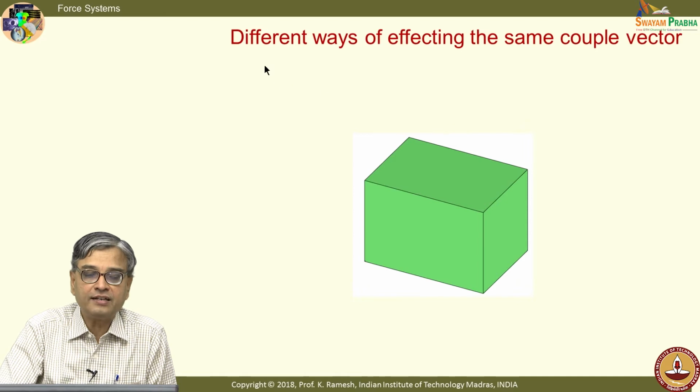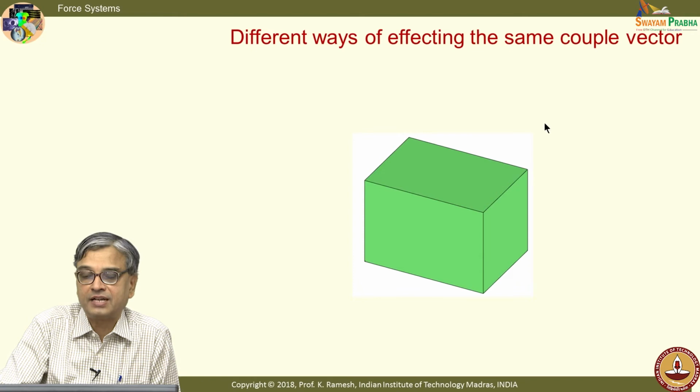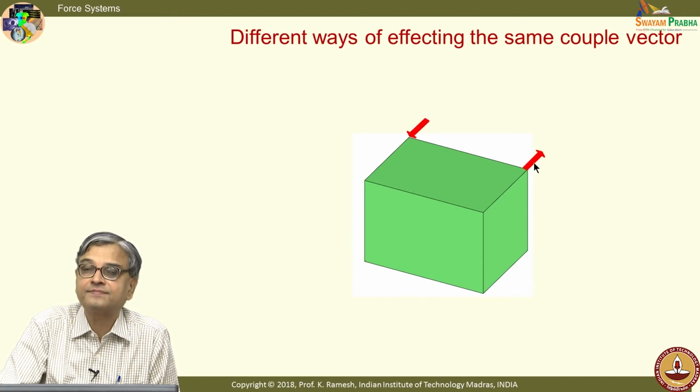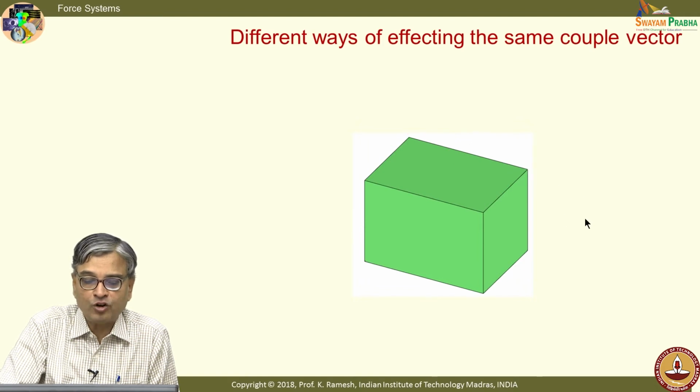And let us look at the different ways of affecting the same couple vector. I take a block, I apply a force system like this, and suppose the distance between them is d. This would give me a value of F into d. It is anti-clockwise. Now, I apply the force not on this edge, I apply it on these two edges.